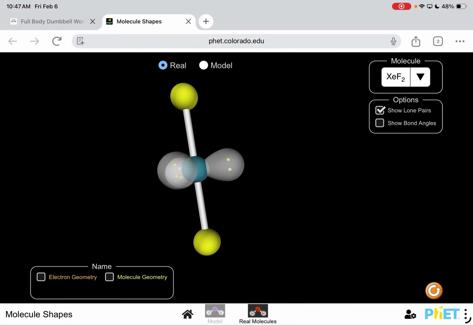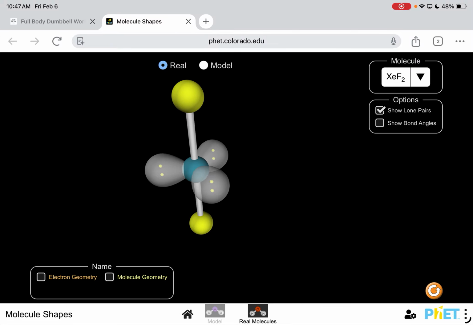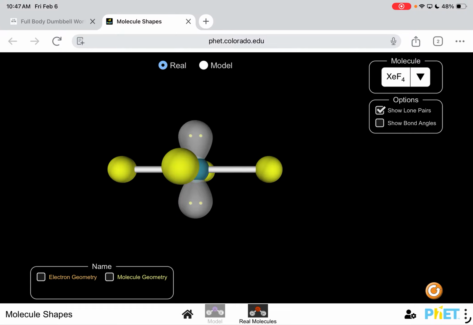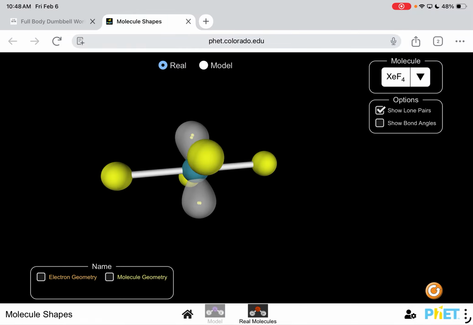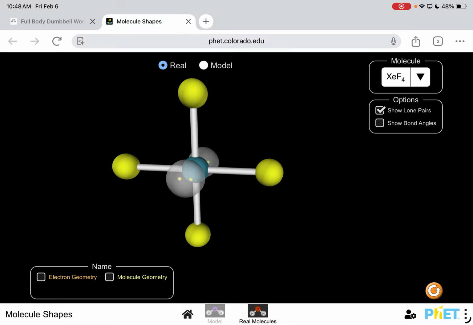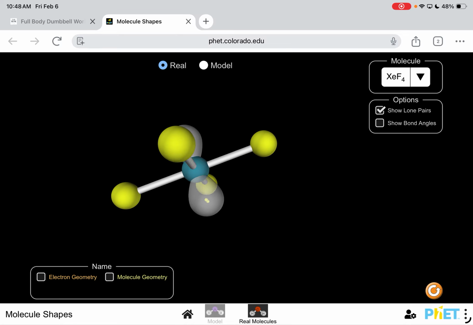So even though you have those lone pairs, like we looked at before, we drew this one before, they're in that plane and the atoms are still exactly opposite each other. Okay, so they cancel out, so it would be nonpolar. XeF4, very similar, but now you've got 4 in that plane. Well, you've got 2 straight across, and then these 2 straight across. Okay, so they're all able to cancel each other out, even though there's those lone pairs.